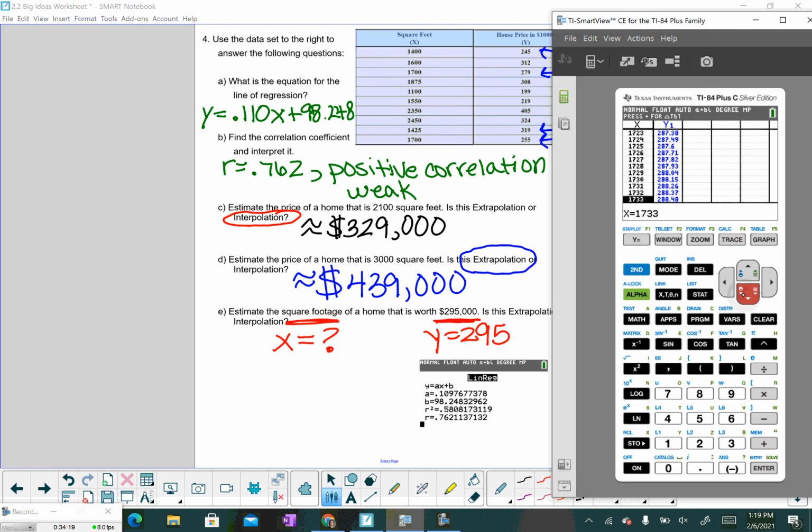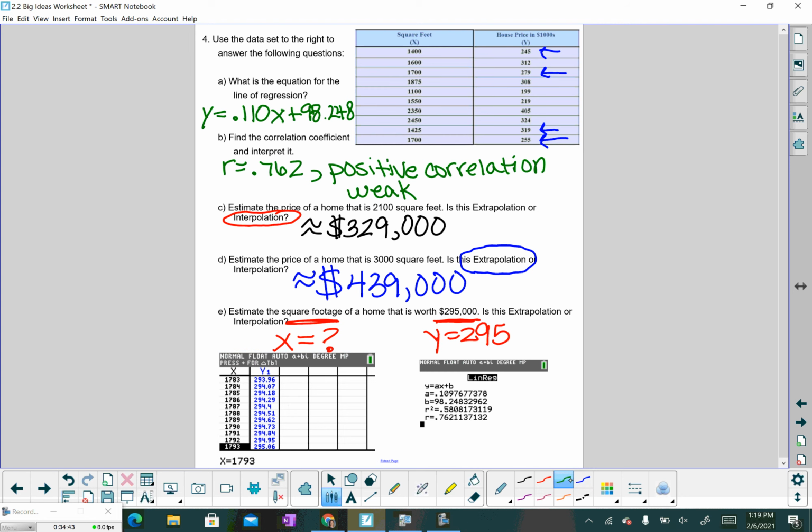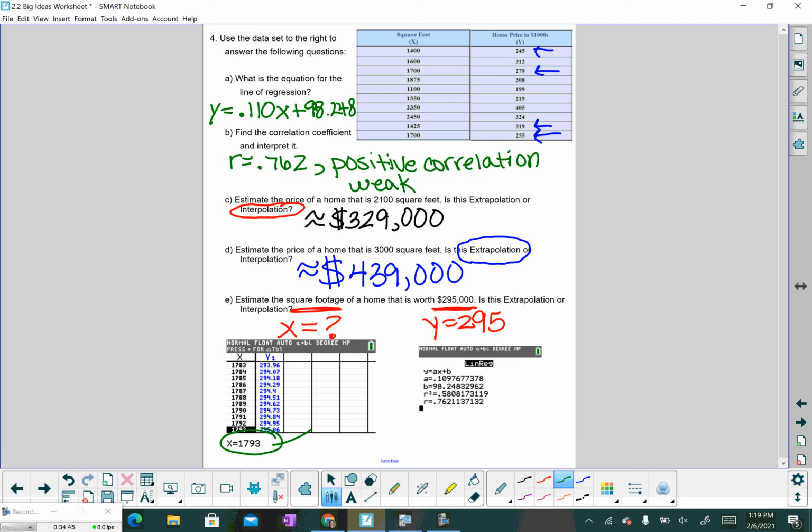We're looking for 295. We're getting there. Almost there. There we go. Looks like the first time we hit 295 is when we're at 1793. So we're going to say 1793 is the square footage that we're looking for.